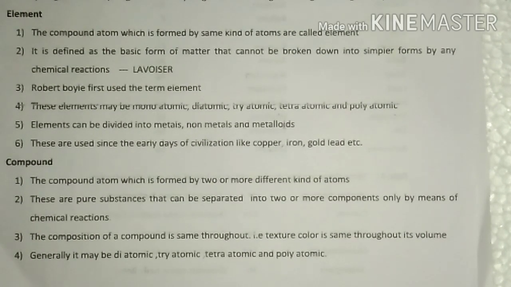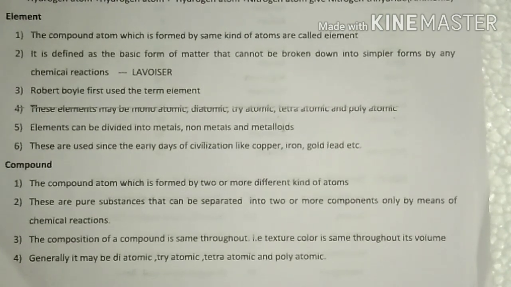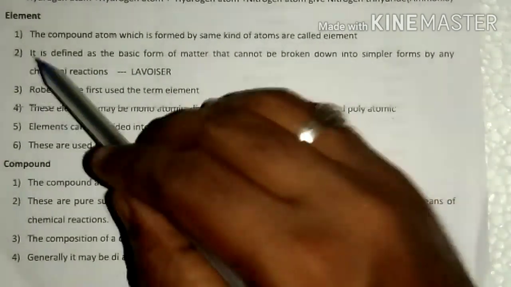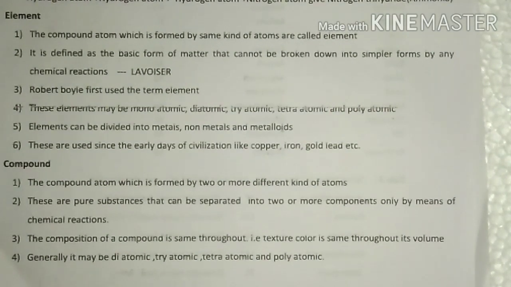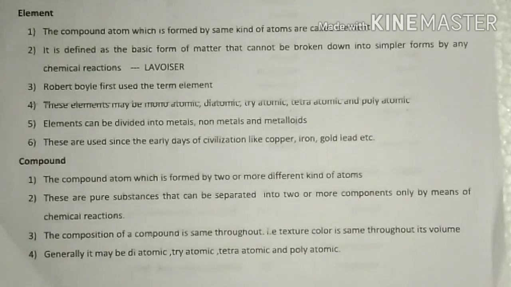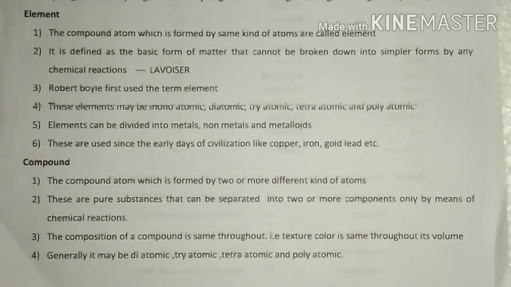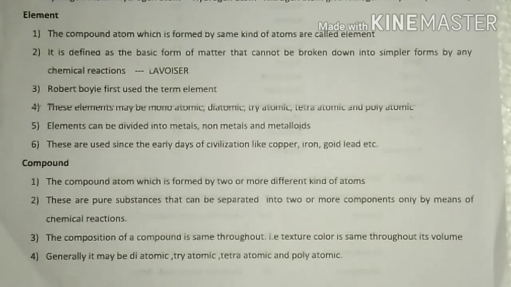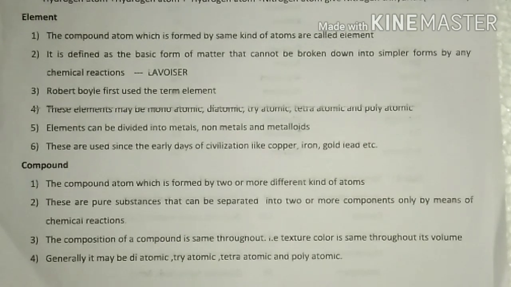That means there is a chemical dissociation of atoms in the case of a compound. There is no chemical dissociation of atoms in the case of an element. An element is a basic unit. For example, if we consider H2O, that is water, by passing electricity through it, it will split into two gases, hydrogen gas and oxygen gas.